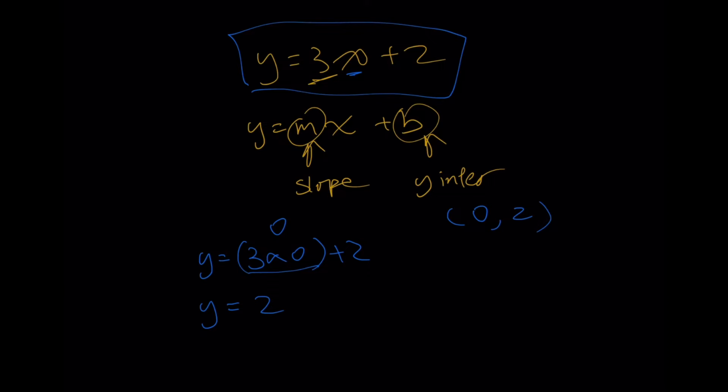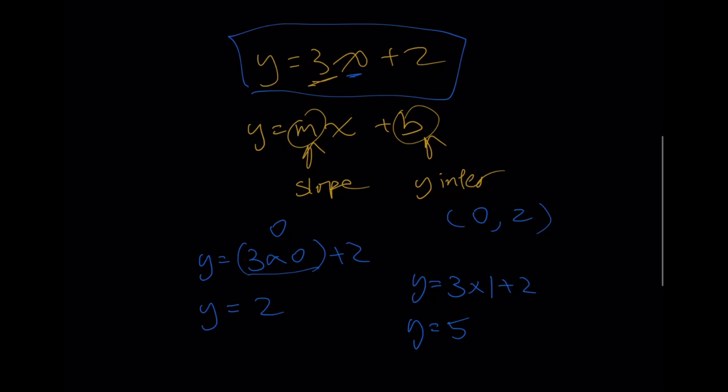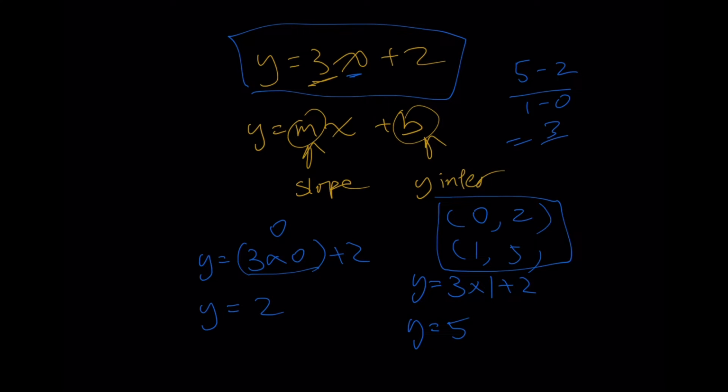So let's get x is equal to 1. y is equal to 3 times 1 plus 2. y is equal to 3 times 1 is 3, plus 2 is 5. So when x is equal to 1, we have y equal to 5. Now we have 2 points, (0, 2) and (1, 5). Now we use y2 minus y1 over x2 minus x1. So 5 minus 2 over 1 minus 0, which is equal to 3 over 1.